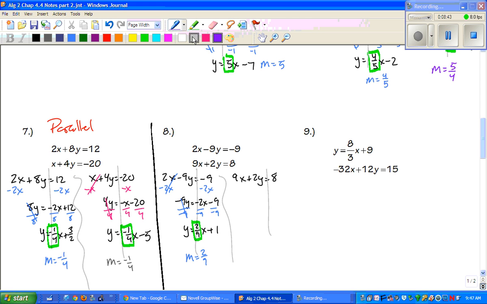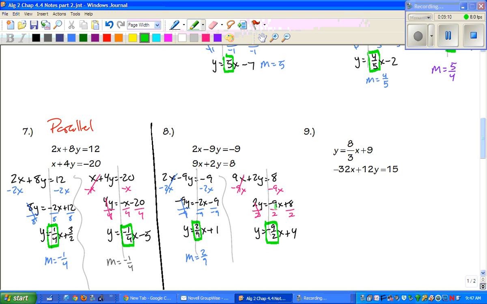All right, let's see what happens on the other side. Doing the same thing, subtract 9x from both sides. 2y equals negative 9x plus 8. Divide everything by 2, and you get y equals negative 9 over 2x plus 4.